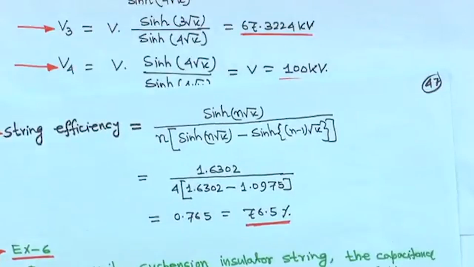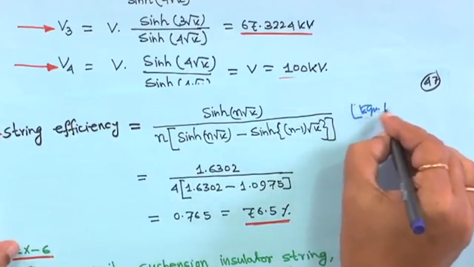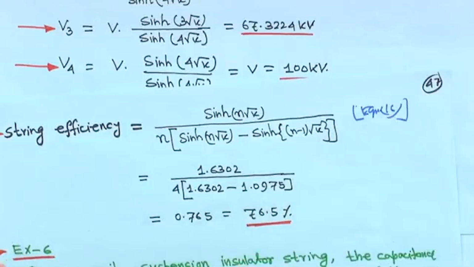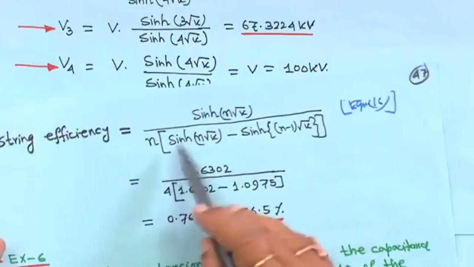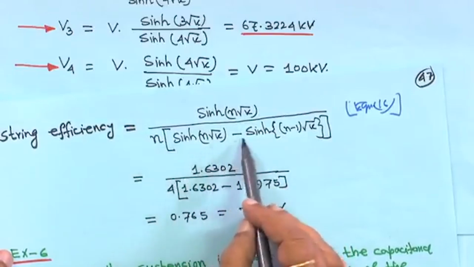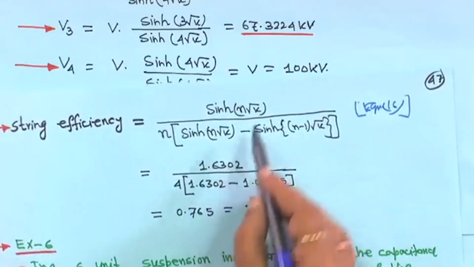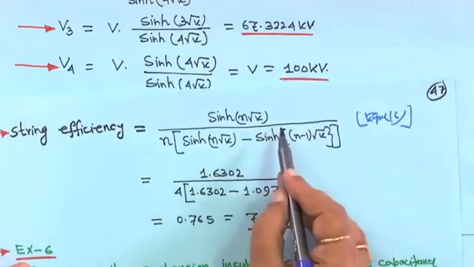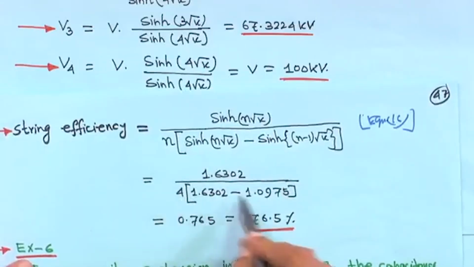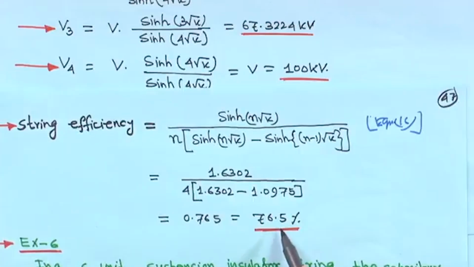So, the string efficiency will be sinh(n root k) by n into [sinh(n root k) minus sinh((n minus 1) root k)]. You know n is equal to 4 and root k is known, so you substitute all these values. You will get approximately 76.5% efficiency, right.